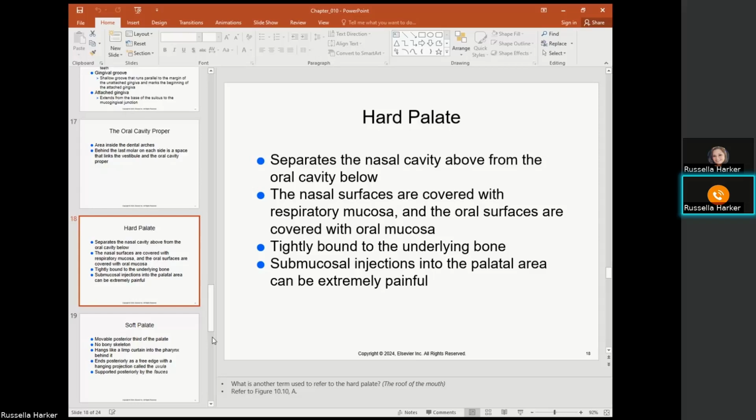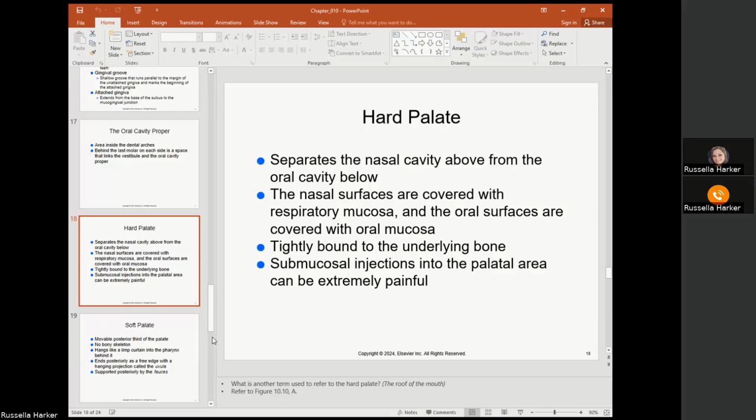So there are different names for the mucosa depending on where they're situated in the body. It's always going to be tightly bound to the underlying bone, and submucosal injections into the palatal area can be extremely painful. So we try not to give palatal injections, because when you do have to give a palatal injection, it is very painful because there's not a lot of tissue or cushion there.